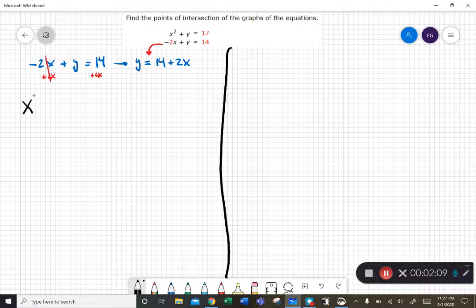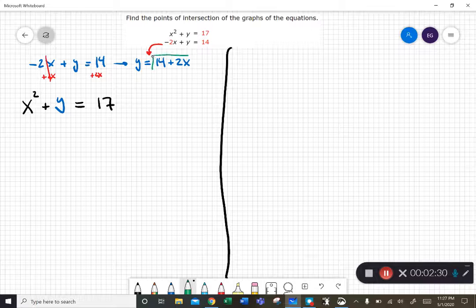which is x squared plus y equals 17. Well, we just solved for y, so in place of y we could plug in 14 plus 2x. Let's use green for that.